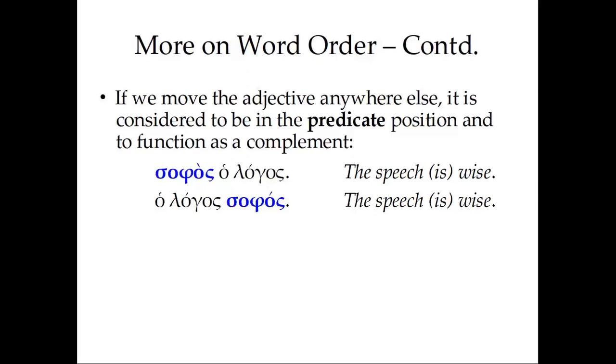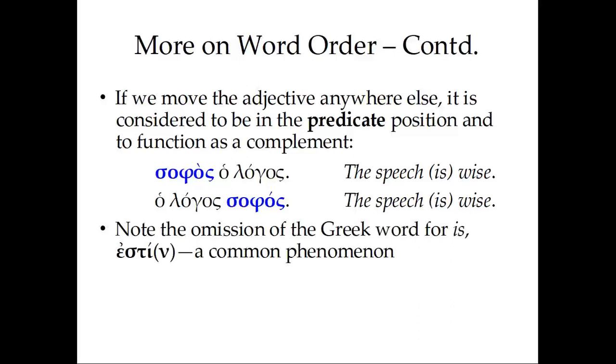As long as it's not between them, it's going to function as a complement. It's going to be in the predicate position. It's going to be a predicative adjective. Halagos sapos means the same thing. The speech is wise. Sapos halagos, halagos sapos. Both mean the speech is wise.